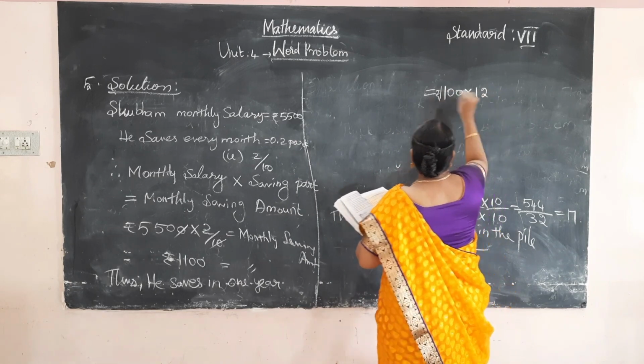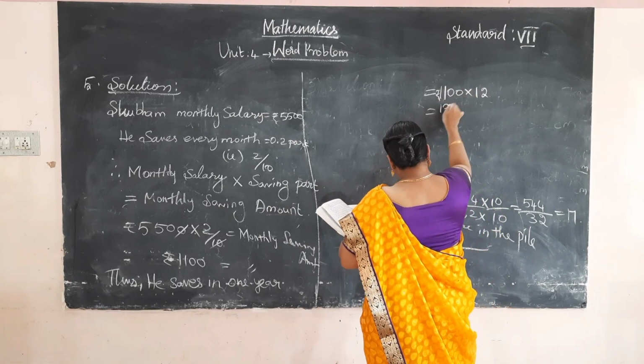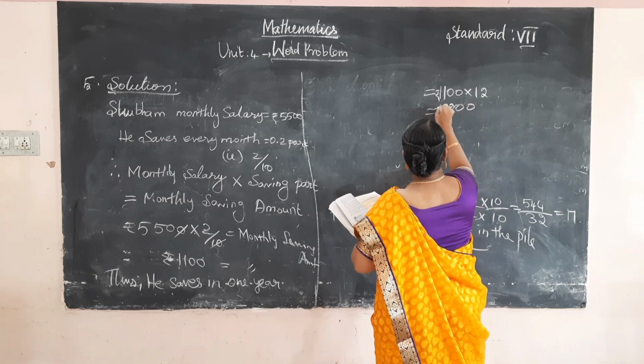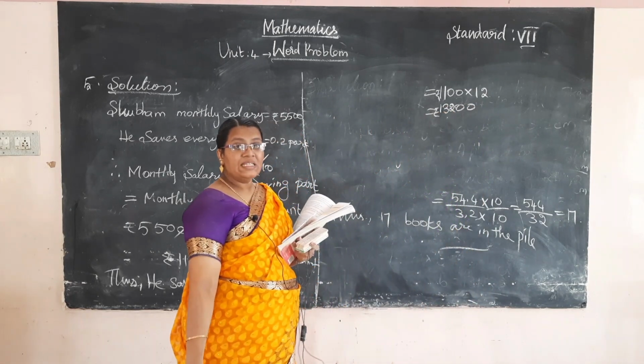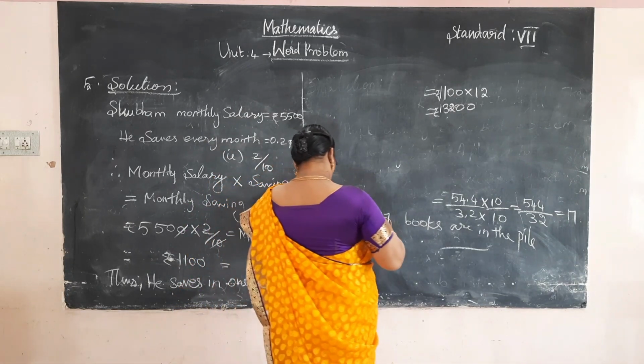Multiply. So 11 into 12 is 132. So yearly 13,200 rupees saved.